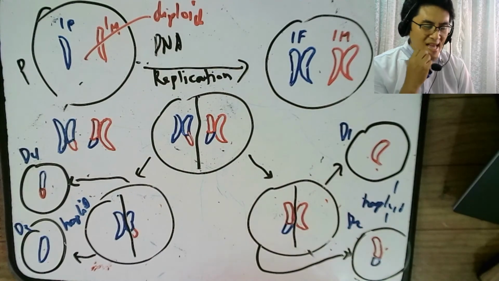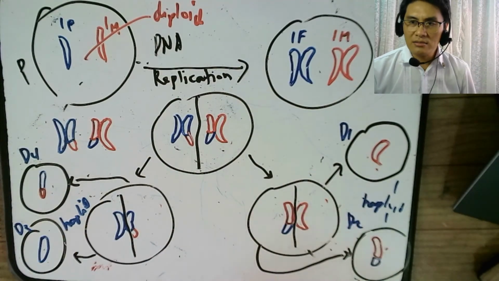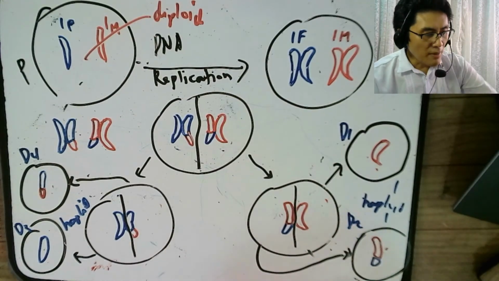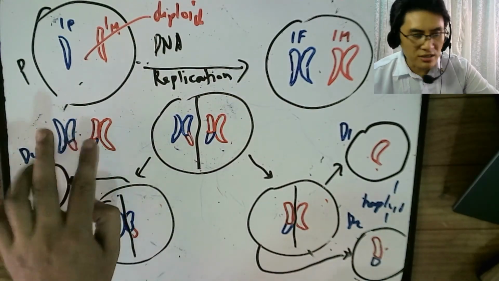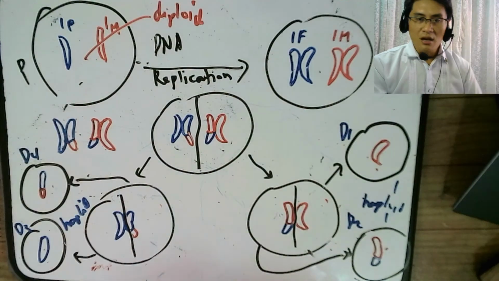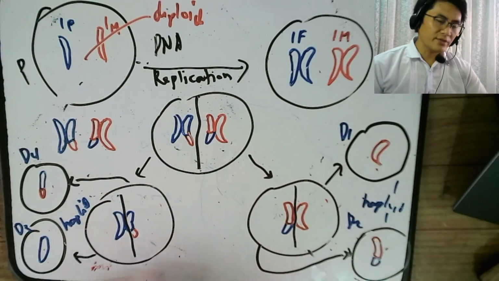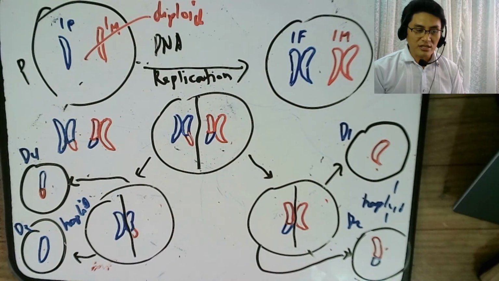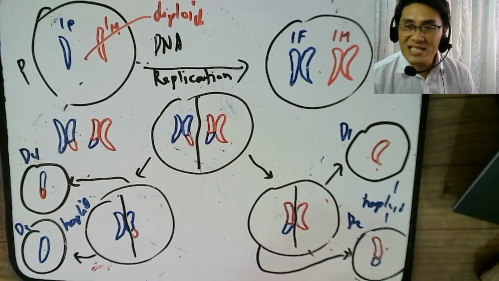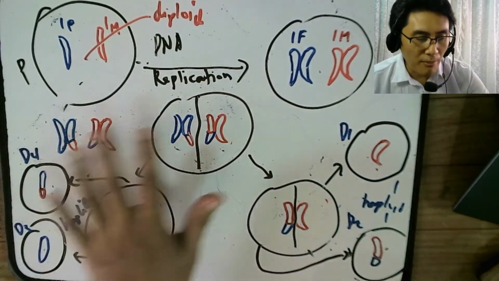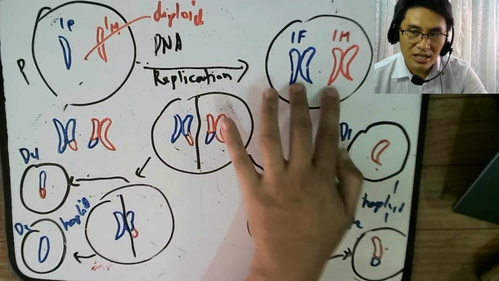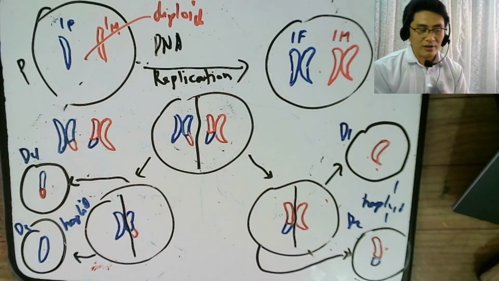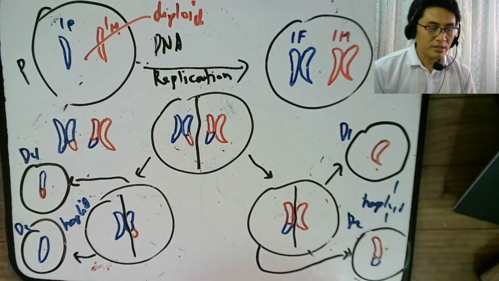So even if you have these four kinds, it doesn't mean that you only have these four kinds, because the number of pages, the segments that they exchange, could also change from time to time, and so you could have different configurations of the genes. But definitely, you are still similar because you are based on the same genes. It's just that there's this crossing over, and therefore it introduces variability among siblings.